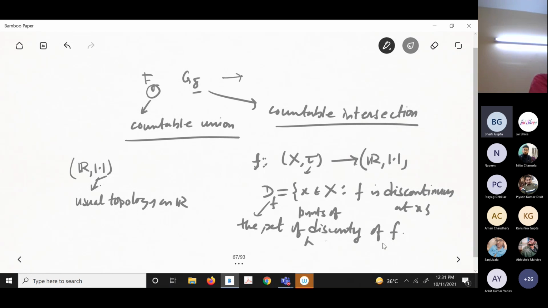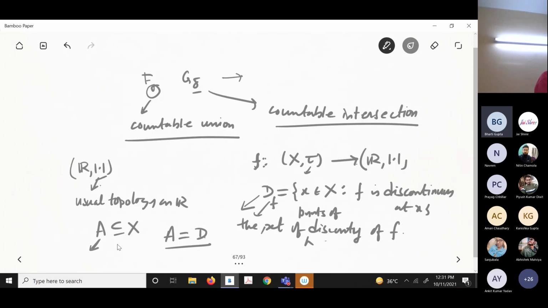Now the question is, can you, at your whim, that is, suppose I give you a subset A of X, and I ask you to give me a function f such that A is precisely D. Okay, this is the question.